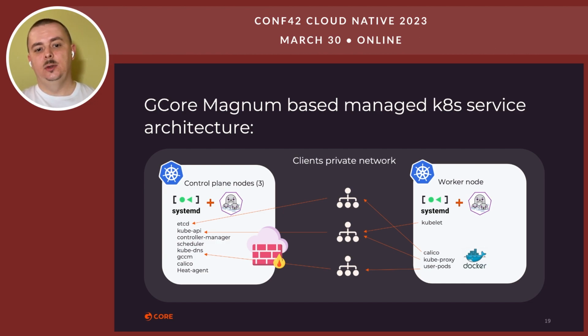And let's talk about the control plane. Control plane is 3 virtual machines, and on every virtual machine we have all the Kubernetes control plane components such as etcd, Kubernetes API, controller manager, scheduler, kube DNS, and so on and so forth. All of them are Podman containers controlled by the systemd.